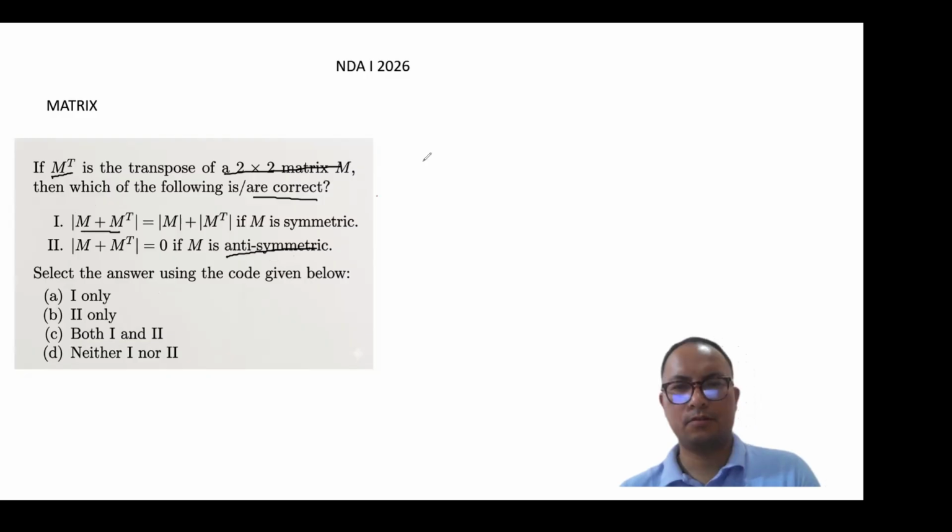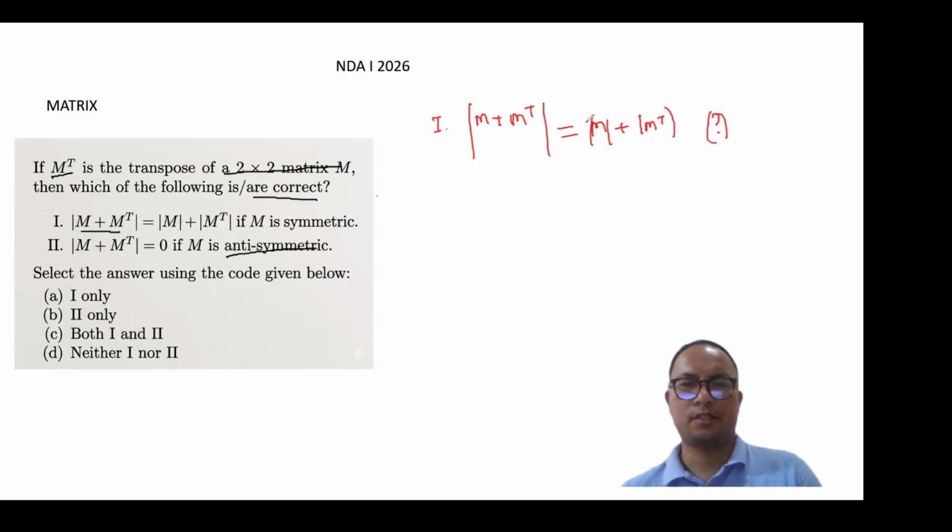Statement number one: the determinant of M plus M transpose. We have to check this. What is given to us?